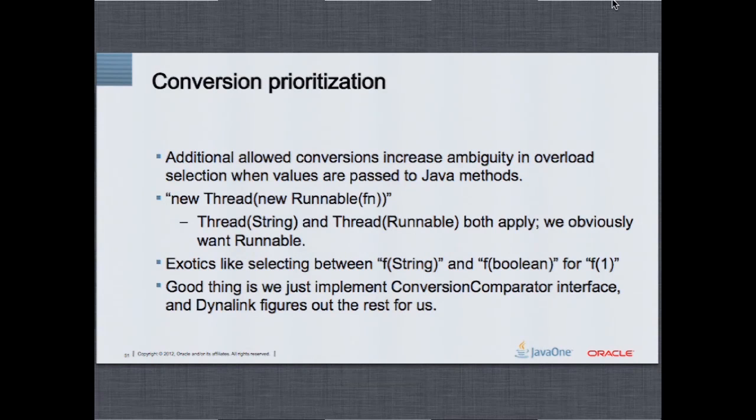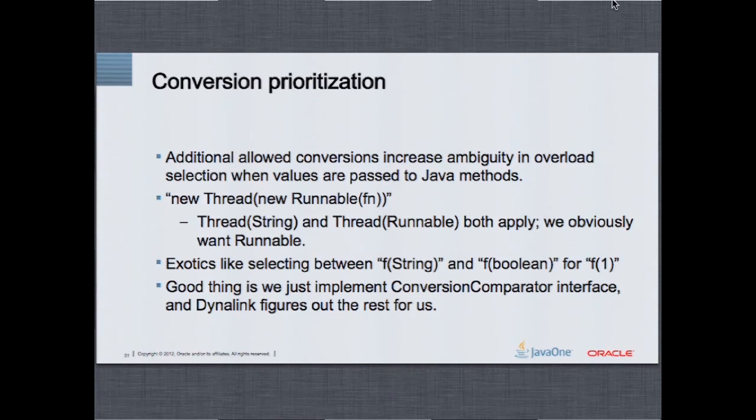And of course, as I said, we have the conversion comparator interface that prioritizes conversions, because that was also an interesting test case failure when you said, all right, new Thread, new Runnable something. And at first, you get an ambiguity because in JavaScript, anything can be converted to a string. So it said, okay, well, both Thread(String) and Thread(Runnable) apply at this point, and according to the JLS resolution rules, neither is more specific than the other one, so this is a linkage time error.